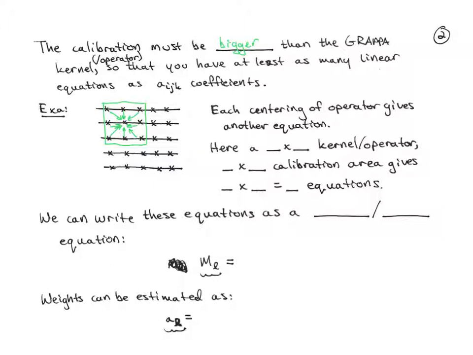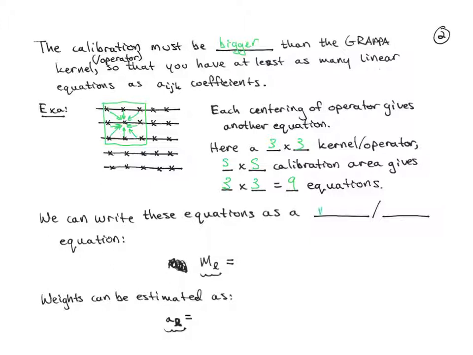So each centering of the operator gives one equation. Here we have a 3x3 kernel operator and a 5x5 calibration area, which will give 3 times 3 equals 9 equations. That is exactly as many as we need. We have 9 weights, 3 times 3, and we need at least 9 equations to get those weights.